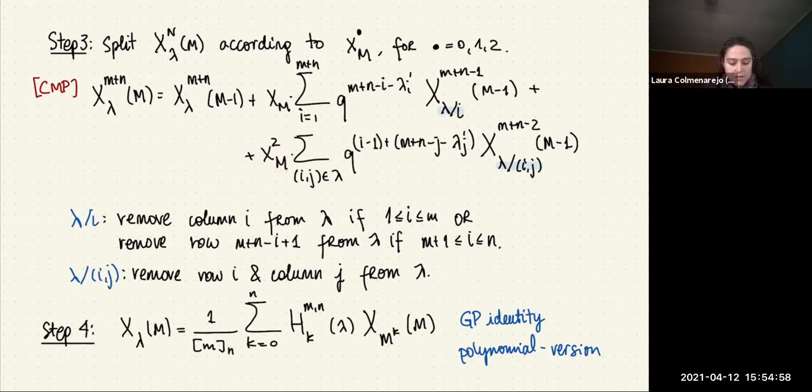So the notation that I have over here, if I'm just having i and j, what I'm doing is removing both the column and the row of the box. And in this other case, I'm going to have to remove a column or a row depending on the value of i. So I'm first removing columns, and then I'm removing rows. Columns from left to right and rows from bottom to top.